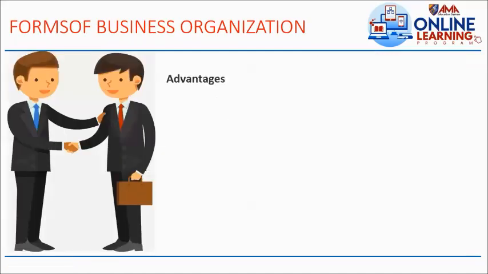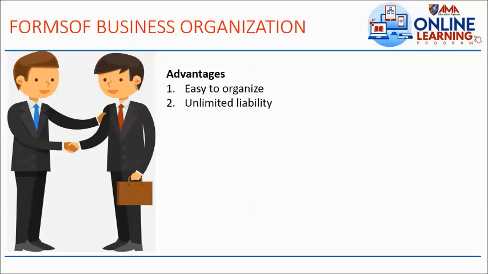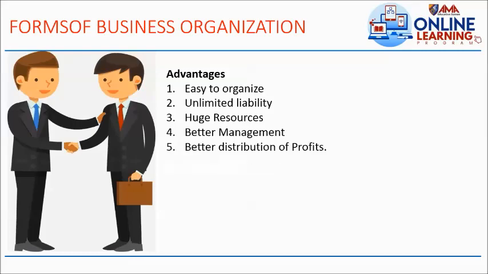Next, what are the advantages of partnership? Easy to organize, just like the sole proprietorship. Unlimited liability. That's also the advantage. Next, huge resources. Number 4, better management. When we say huge resources, it's because you have a lot of money, of course, since everyone contributes.